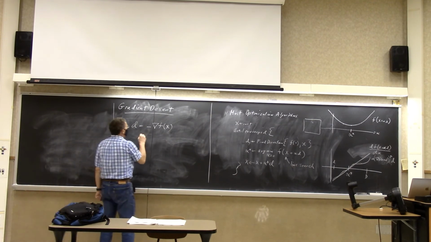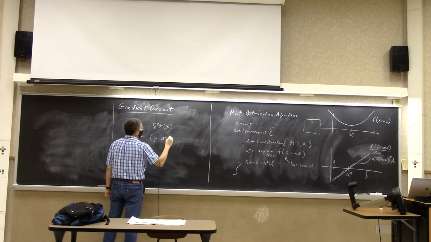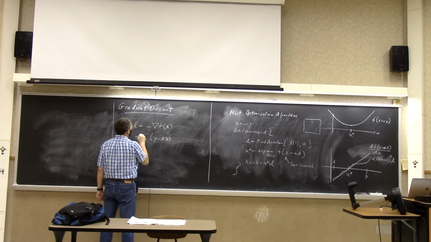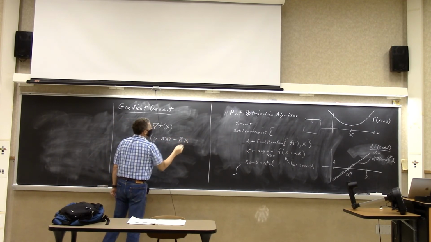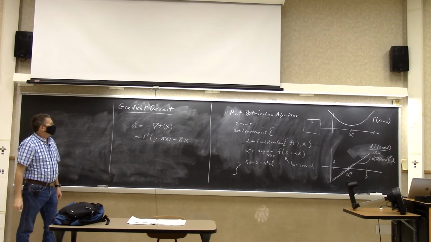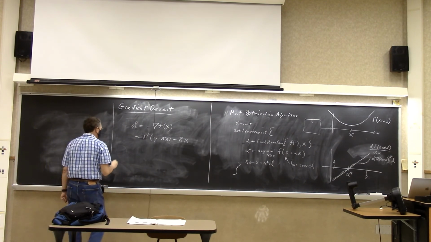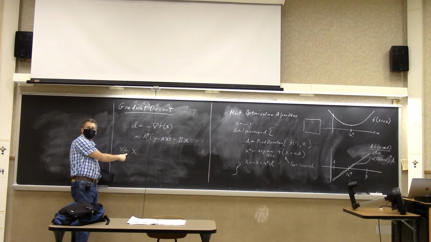So it's equal to A transpose times (y minus Ax) minus Bx. Then x gets updated. By the way, this is called pseudocode.